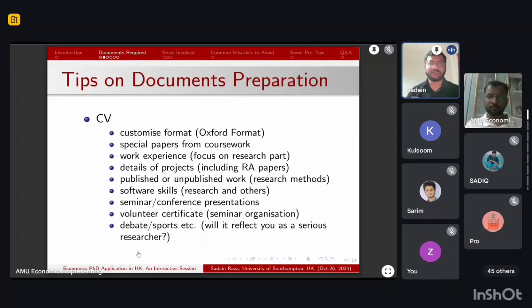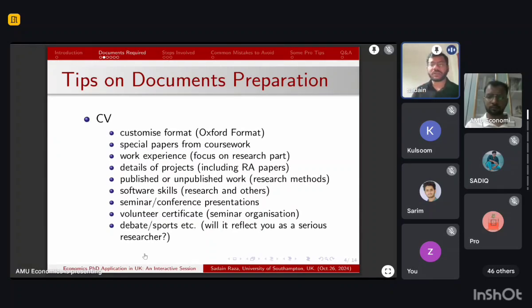For example, if you are very good at LaTeX, or you do all your presentations in Beamer, you can say that in the skills. You can write that I'm trained in these software that are used by researchers around the world. So this is a good thing, but this is just an addition, the other software, because the prime thing I will focus on again and again in this talk is research and why you are interested in doing research in economics.